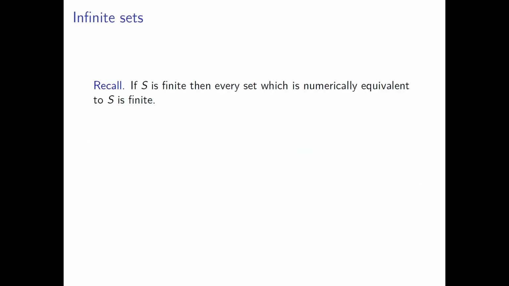We have another sufficient condition in order for a set to be infinite. Recall that if a set S is finite, then every set which is numerically equivalent to S is finite. We can write this in symbols as follows. If S is finite, then for every set T, if T is numerically equivalent to S, then T is finite.